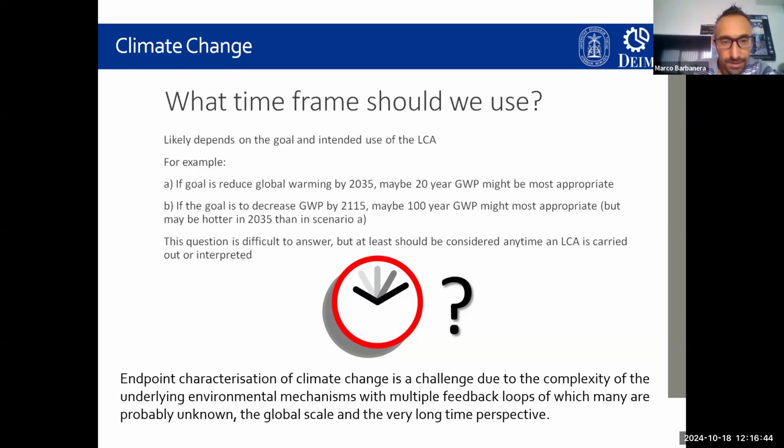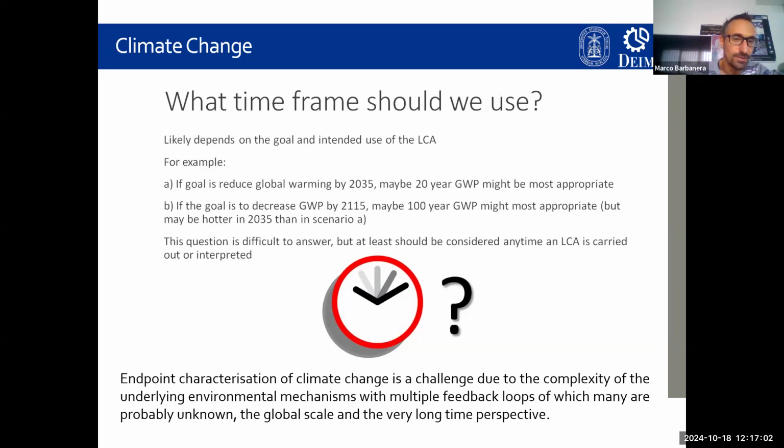In fact, as we can read in this slide, if the goal is to reduce global warming by 2035, maybe the 20-year global warming potential might be most appropriate.